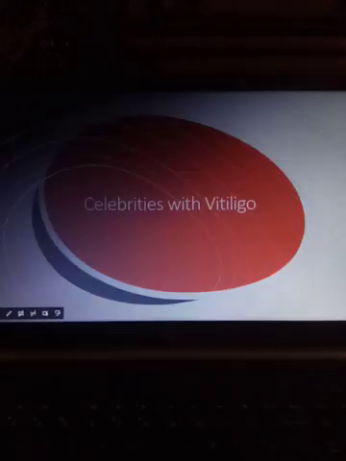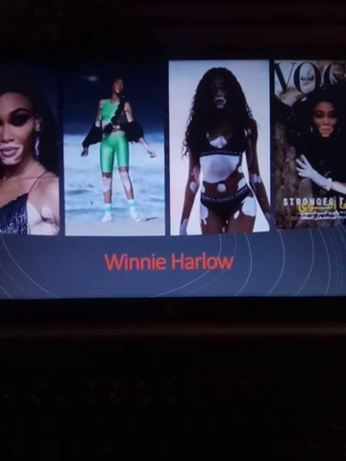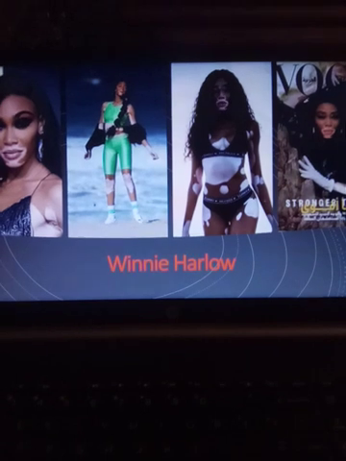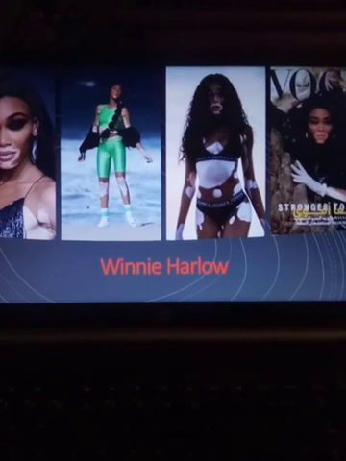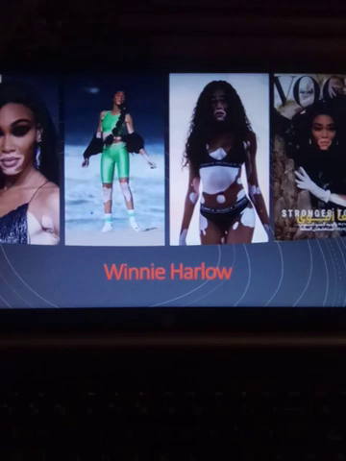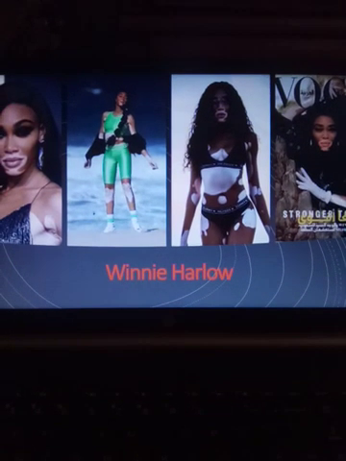Celebrities with vitiligo: the first one is Winnie Harlow. She is a model and a spokesperson for the disease, for the Vitiligo Foundation, and she has also been a Victoria's Secret model.